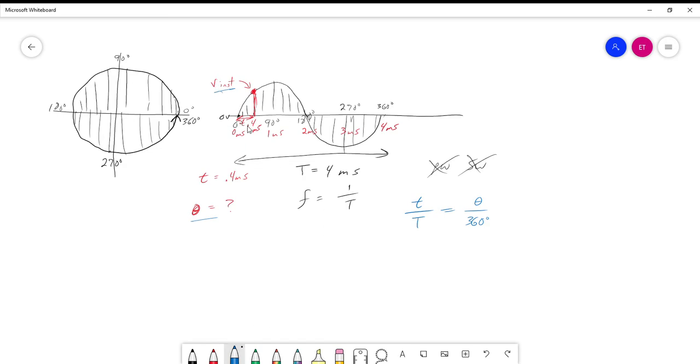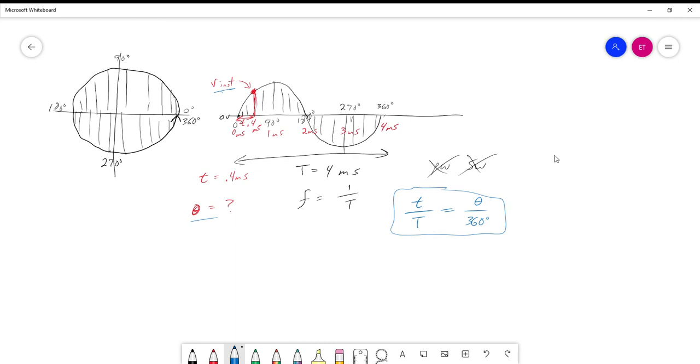Wherever you are, this time of interest is 0.4 milliseconds out of 4 milliseconds, right? Well, I can see that's where I'll be in terms of degrees out of 360. Okay, so you just solve for it using this. But this is a formula you just always want to have ready in your head, because we use that all the time, because your scope can just measure time.